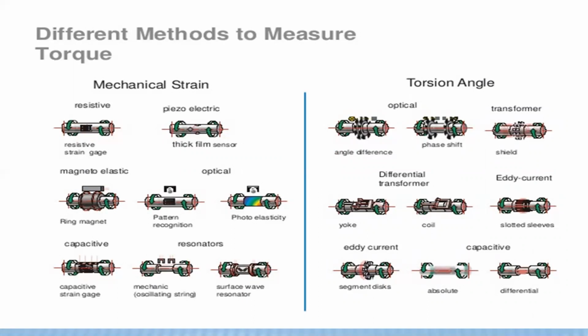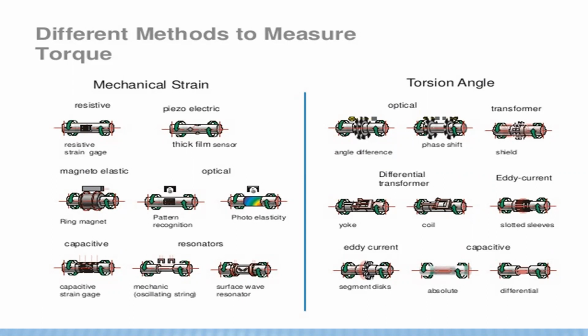The strains are applied on that object, it should be twisted. That means the object should be rotated about the object axis, so automatically the torque is developed on that object. In that resistive strain gauge we can calculate the torque.